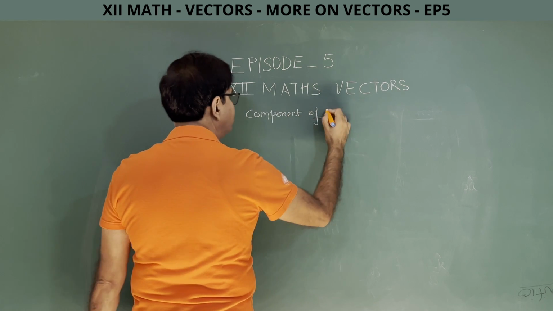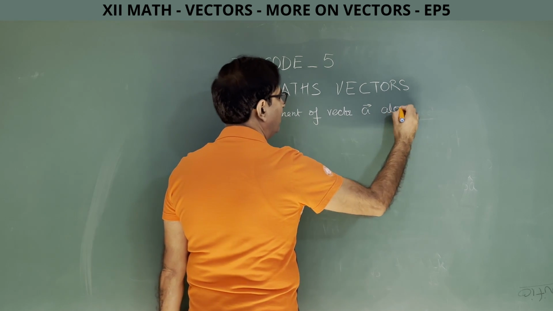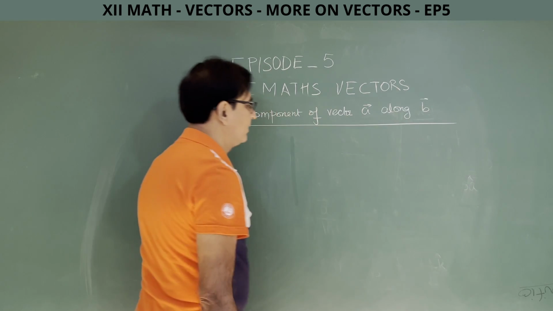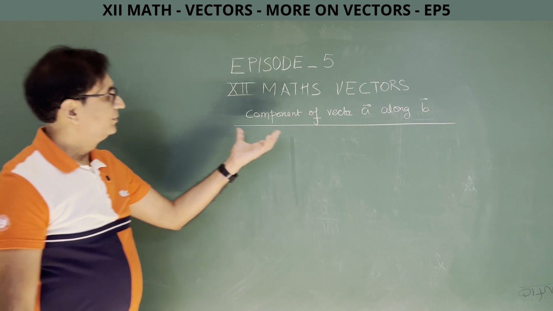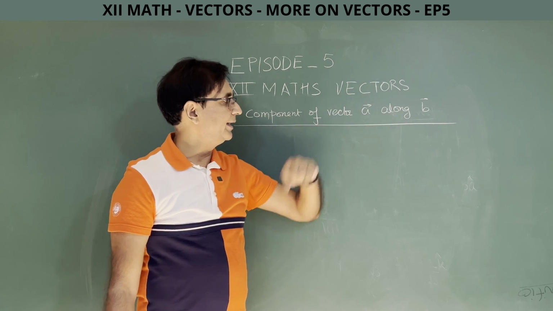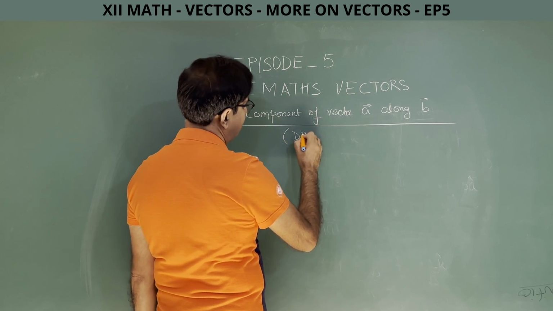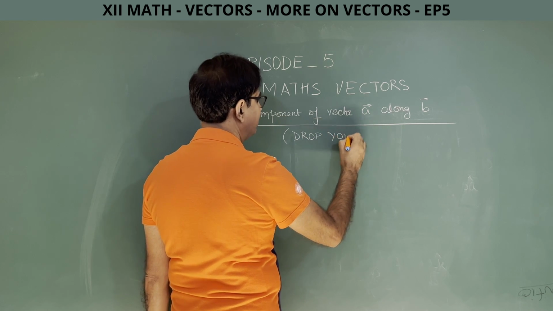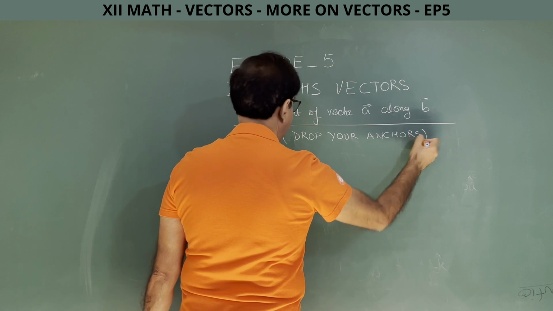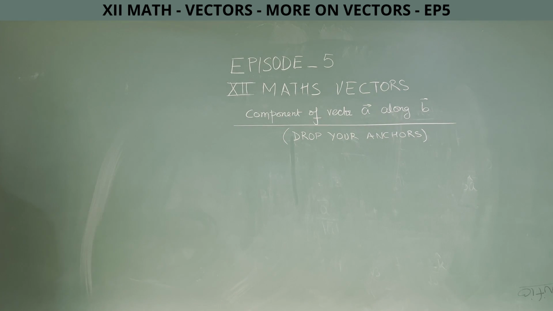Component of vector A along another vector B. This is the major topic of episode 5. How do you find the component of vector A along vector B? I have a keyword for this. I say drop your anchors. Now you will say, what is this? I will explain. Okay. When you have to find the component of vector A along vector B, how do you find it?